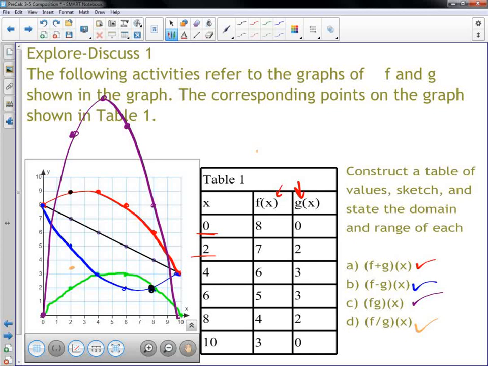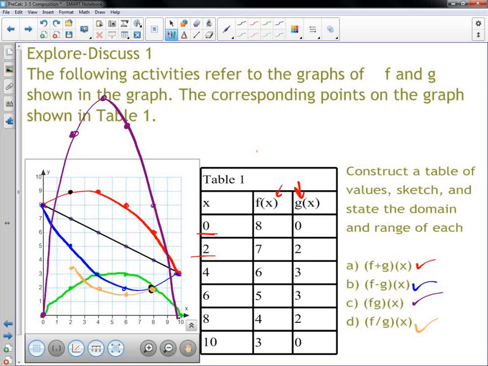How about f over g of 4? 1 2/3, 1.6 repeating. What about f over g of 8? 2, again. Something like that. Okay?